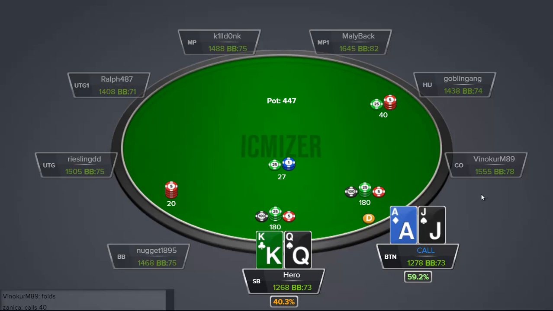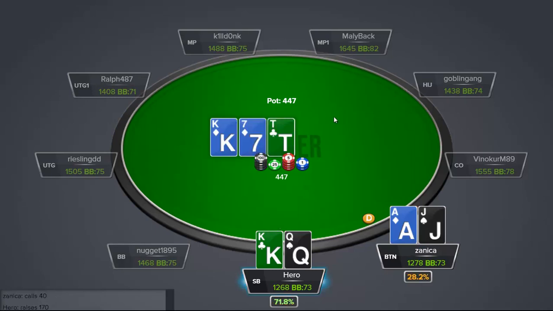And these equities, like we know, change every street. So one other thing about this, the current pot is 447 chips, and that means Hero's equity is 40% of that. So 180 chips, or whatever it equates to, is Hero's equity expressed in chips.